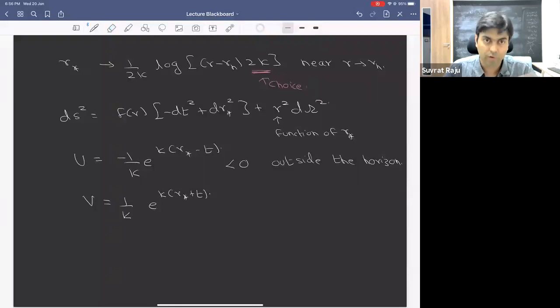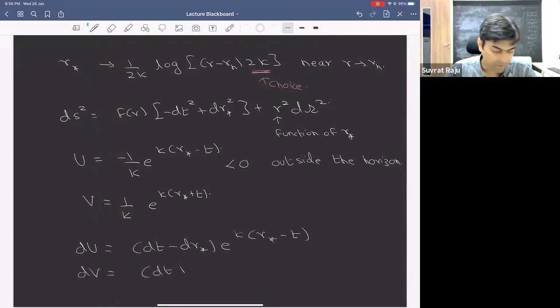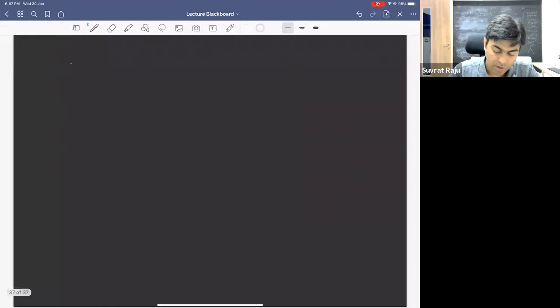These u and v coordinates are called Kruskal coordinates, and in terms of them, du is just dt minus dr star into e to the kappa into r star minus t. dv is dt plus dr star, into e to the kappa into r star plus t. And so in terms of these du and dv, we find that du dv is just dr star squared minus dt squared into e to the 2 kappa r star.